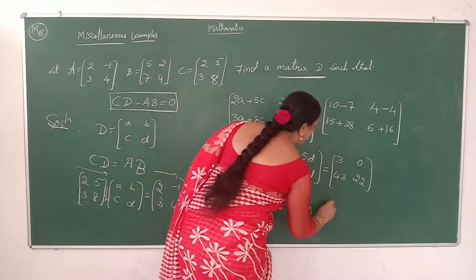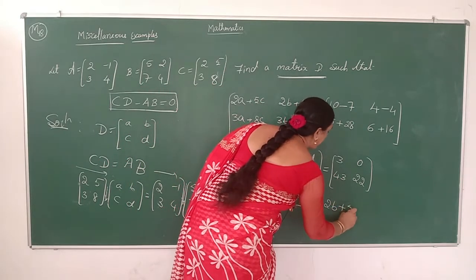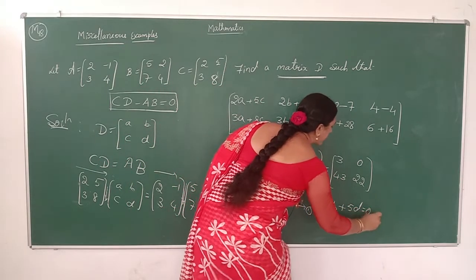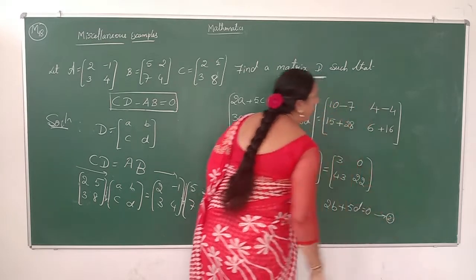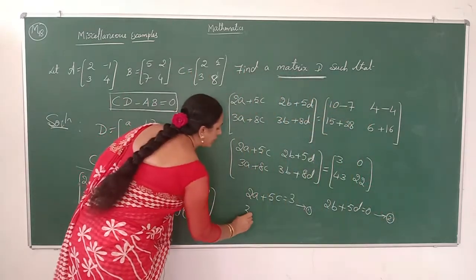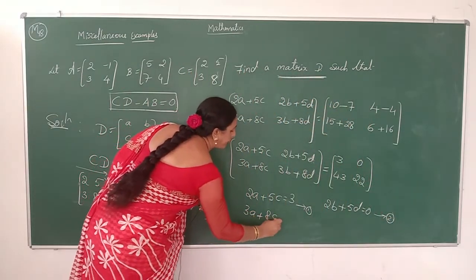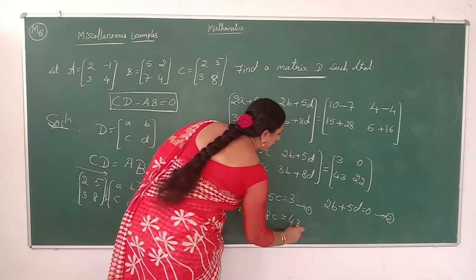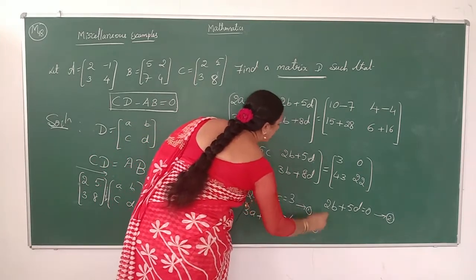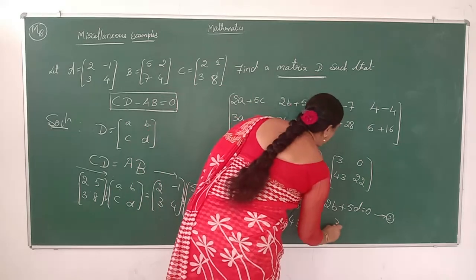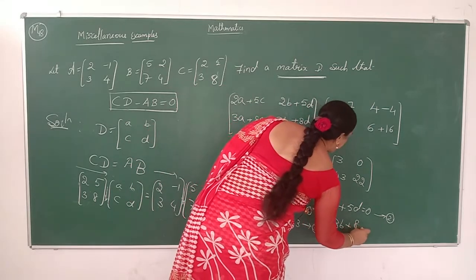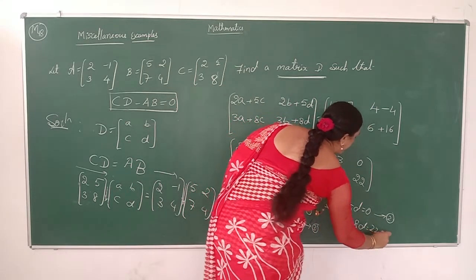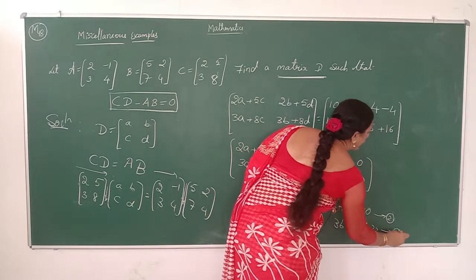Similarly, second elements: 2B plus 5D is equal to 0, equation 2. Third: 3A plus 8C is equal to 43, equation 3. And the fourth is 3B plus 8D is equal to 22, equation 4.